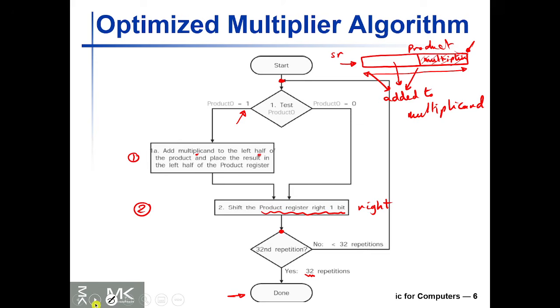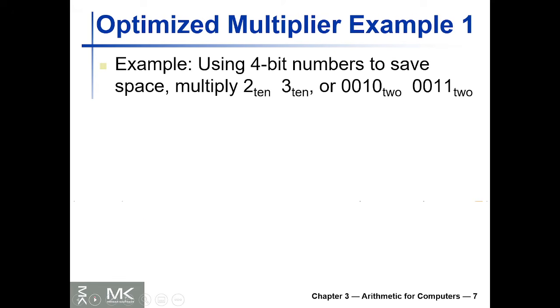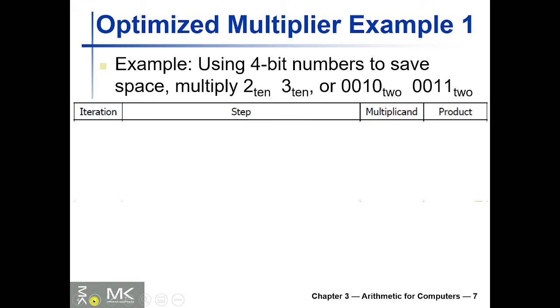So let's see 2 examples, not just 1. Let's first redo the 2 by 3 multiplication. Again, the 3 is our multiplier, and the 2 is the multiplicand. We're going to repeat this 4 times, but each iteration has only 2 internal steps. Now we don't need a multiplier location, just the product and multiplicand.